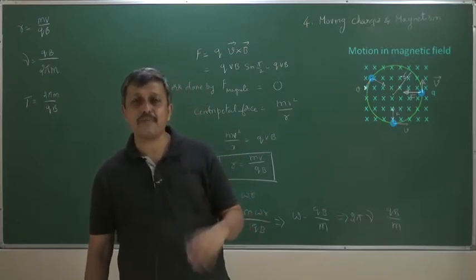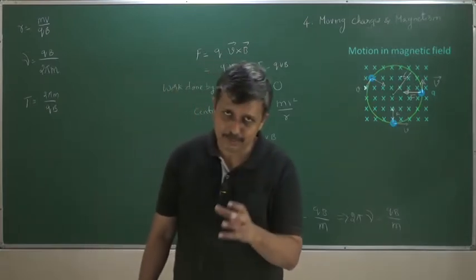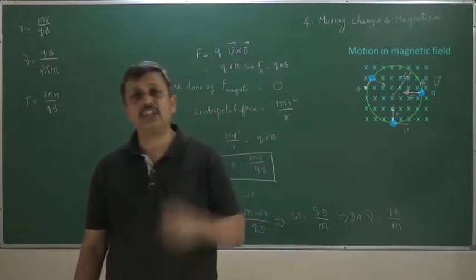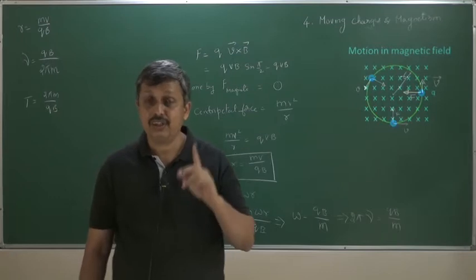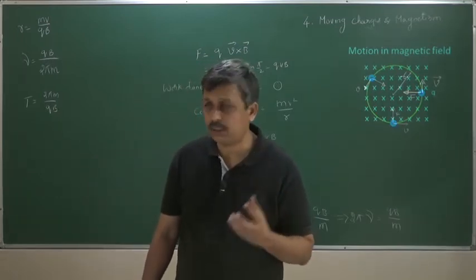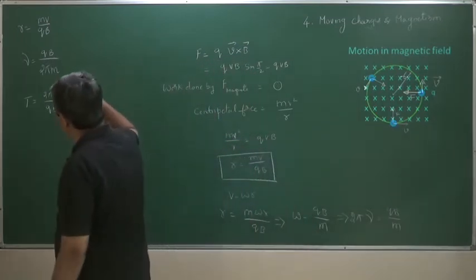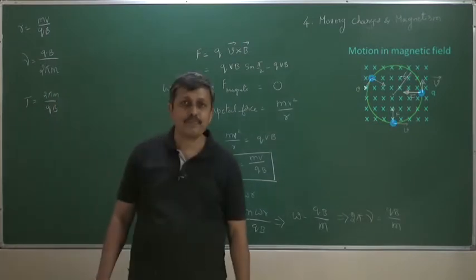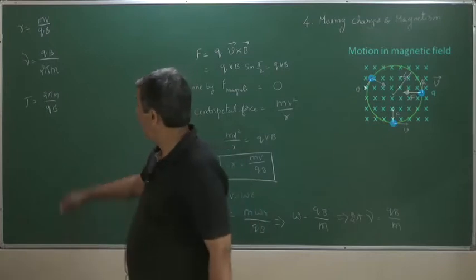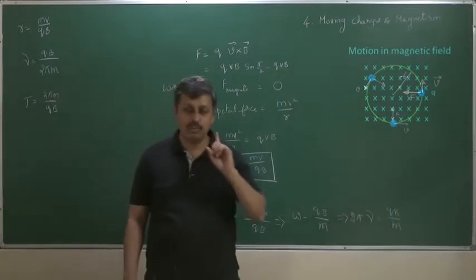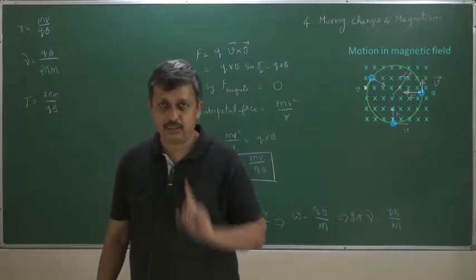In all these scenarios, you want to be able to accelerate charged particles. So the cyclotron helps you do that. In building a cyclotron, we use this important feature, which is whatever the velocity, even at a higher velocity, it takes the same amount of time to finish one round. That is the beauty of a cyclotron.